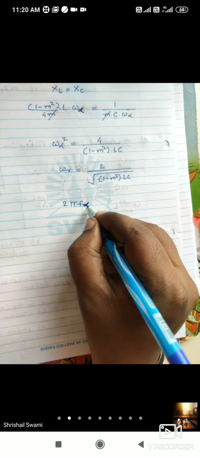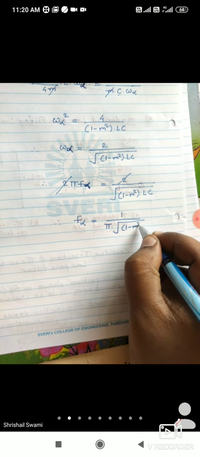Take the square root. Now omega R means 2 pi FR. FR means F alpha, you can take. Okay, so 2 pi F alpha, that is omega R, sorry, omega means omega alpha. Omega alpha is nothing but 2 pi F alpha is equal to 2 divided by under root 1 minus m square into L into C. So 2 will get cancelled here. So F alpha is equal to 1 upon pi into under root 1 minus m square into L into C.